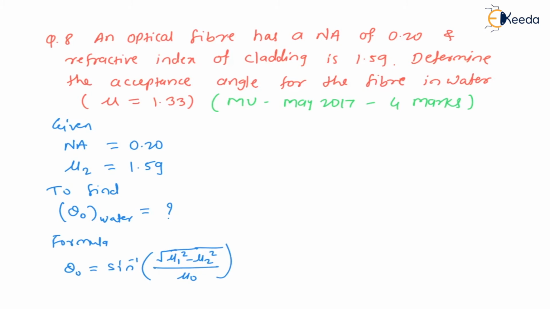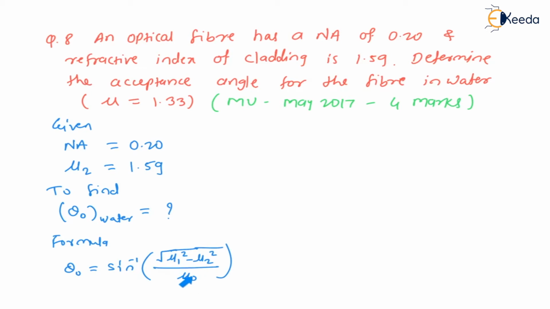If you remember, I said while explaining the mathematical expression that whenever the optical fiber is kept in some other medium, then in the formula of acceptance angle as well as the formula for numerical aperture, we divide this under root term by mu naught.